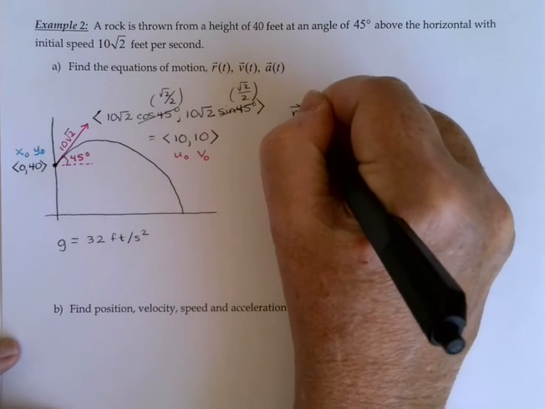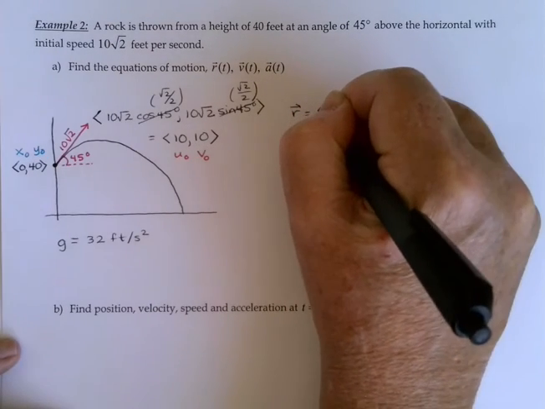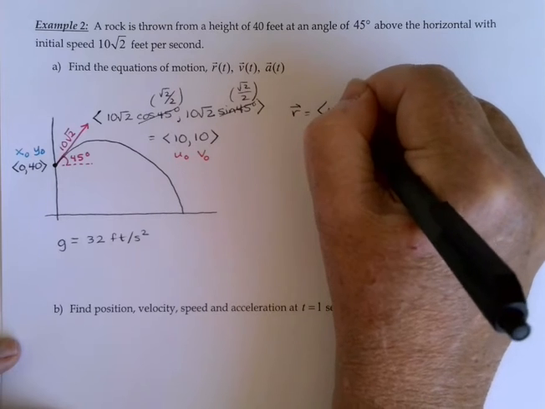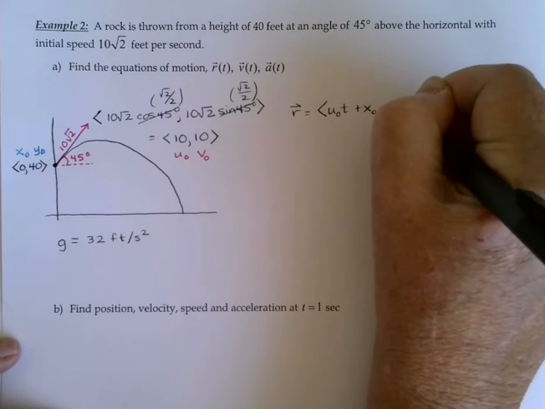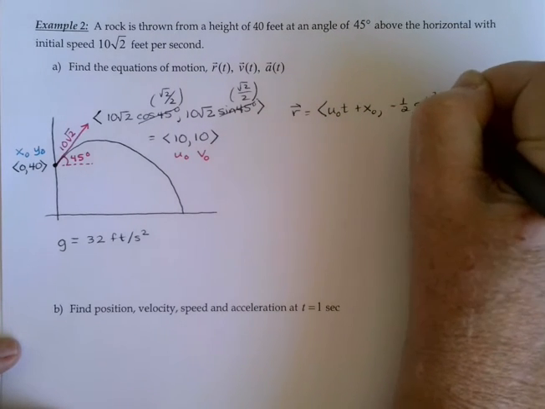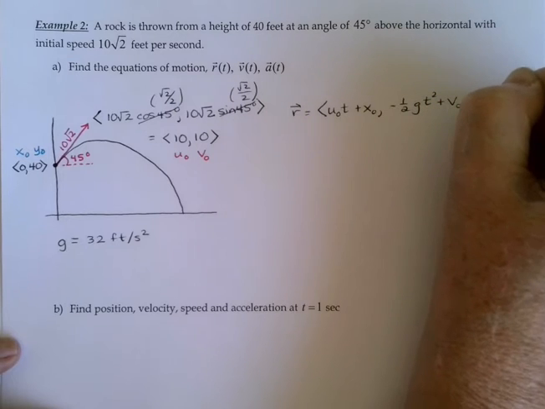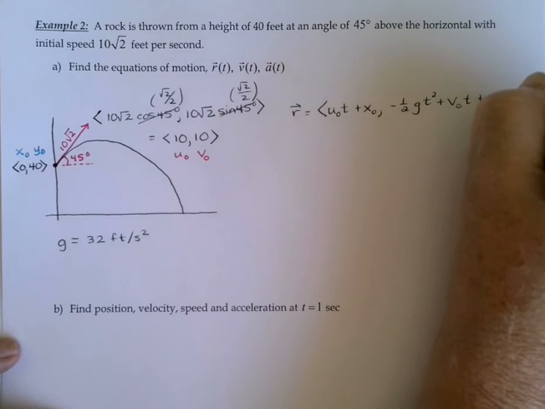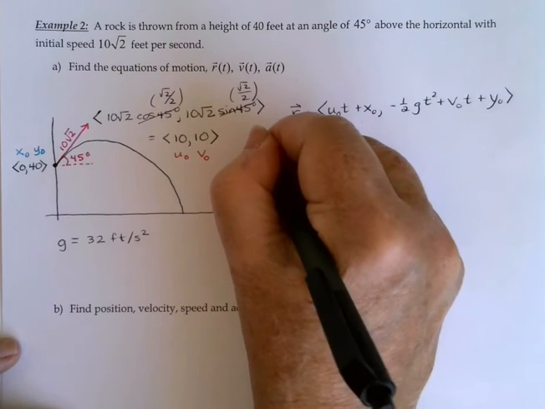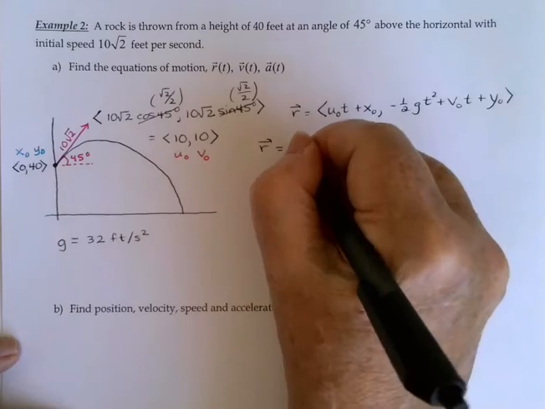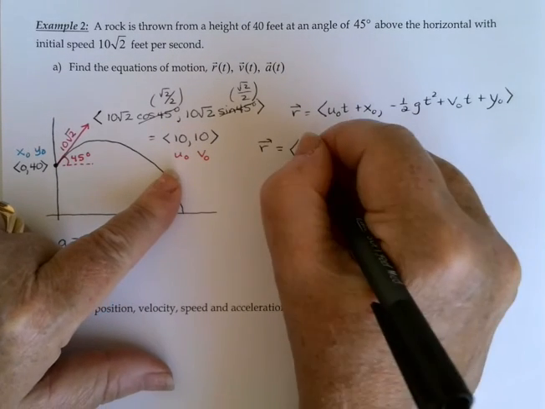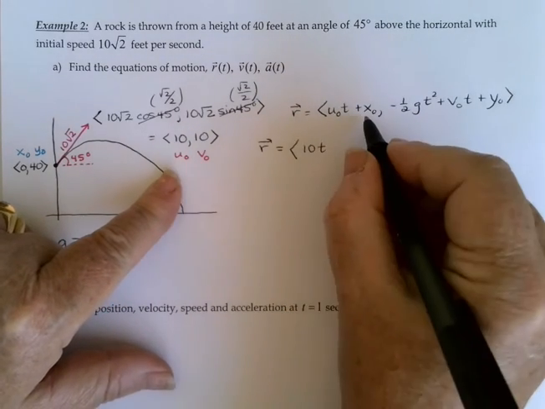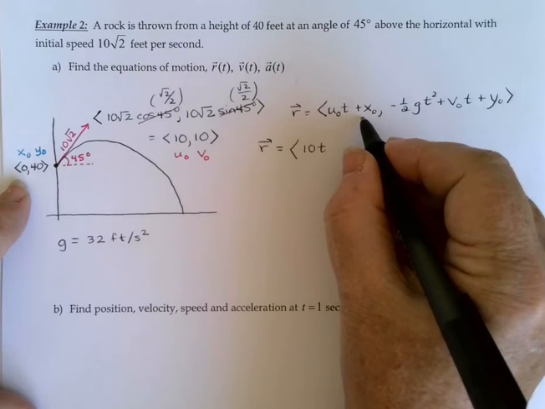So R will be, actually I'll just write it out first. And in this case, that's going to give me 10t plus x naught is actually just 0, so I'll leave that off.